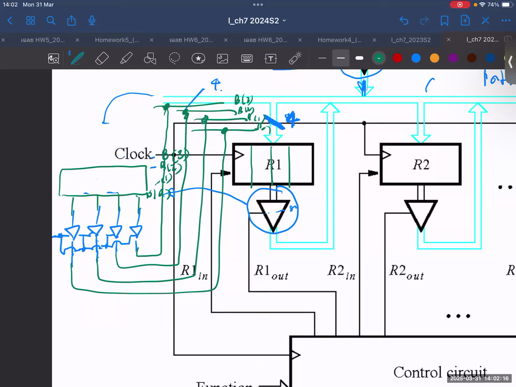So this means that you also have 4 flip-flops. 4 D flip-flops from the register R1. Okay, and these come from this side, right? And this goes back to the bus. So those are the details.